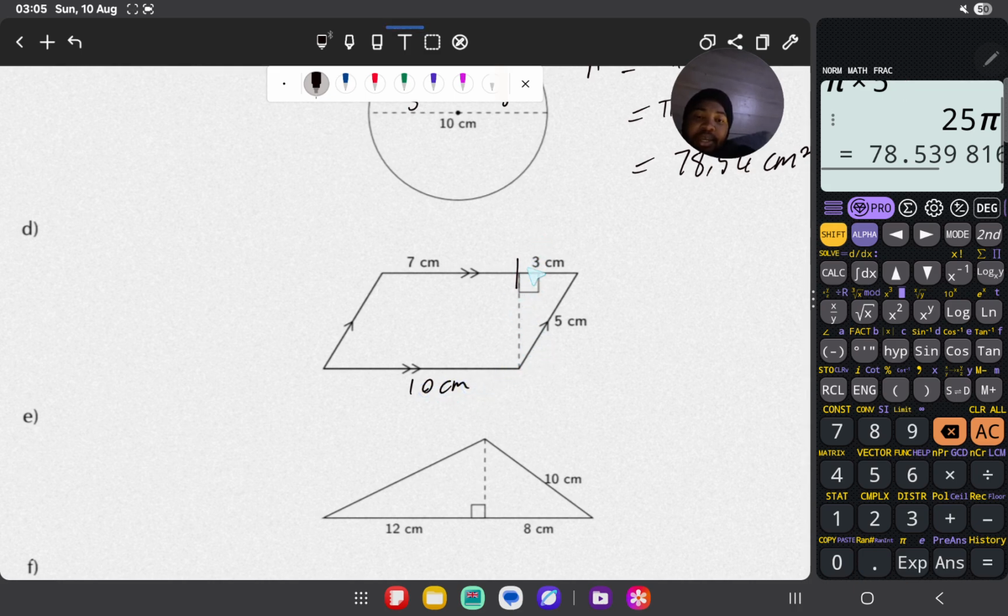Cool. Let's come this side. I want to find out my perpendicular height, because remember, area is going to be breadth times height, height being the perpendicular one.